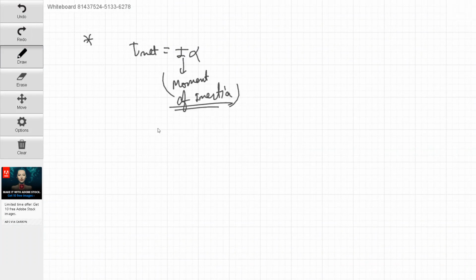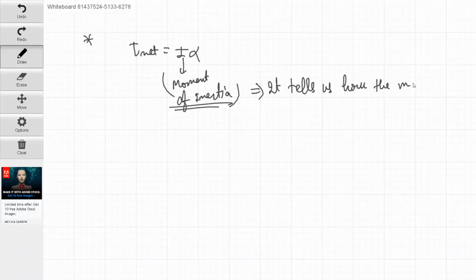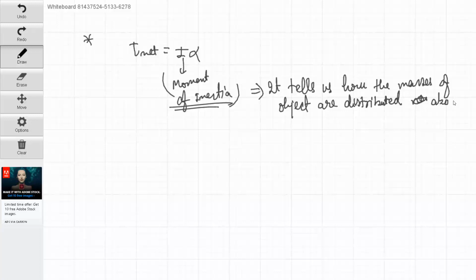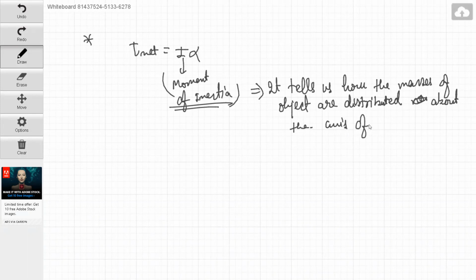So moment of inertia is basically, it tells us how the masses of the object are distributed about the axis of rotation. Is this all right? About the axis of rotation.